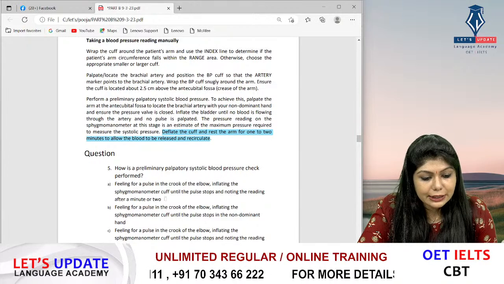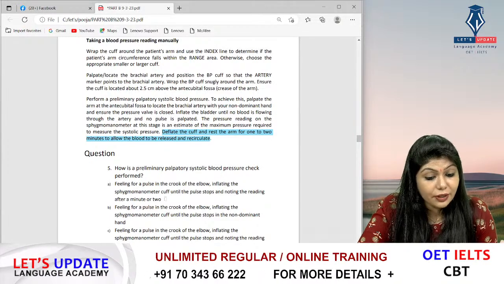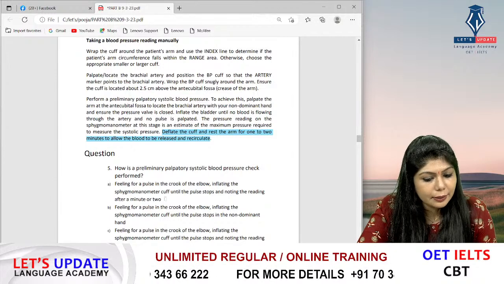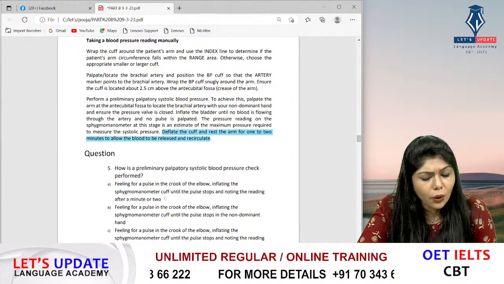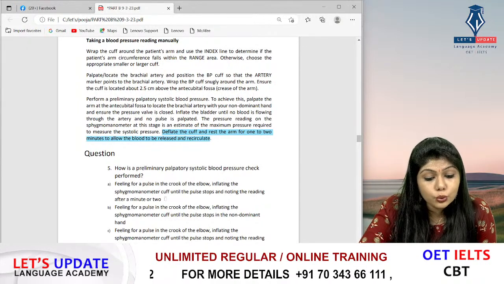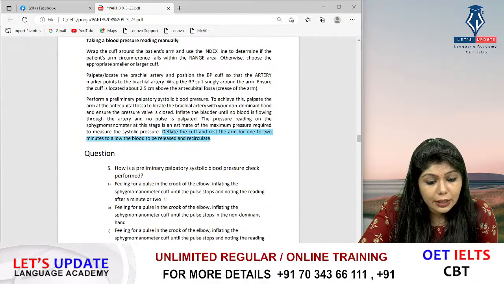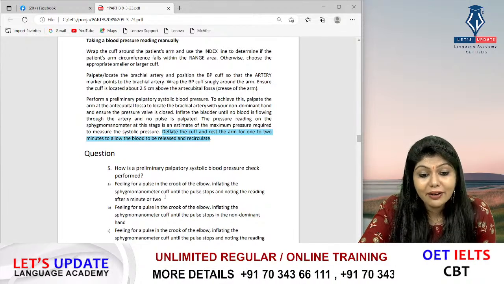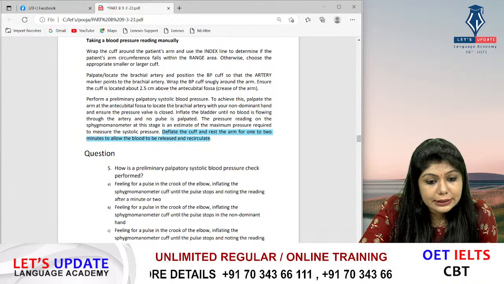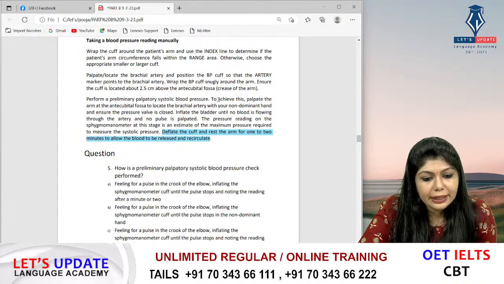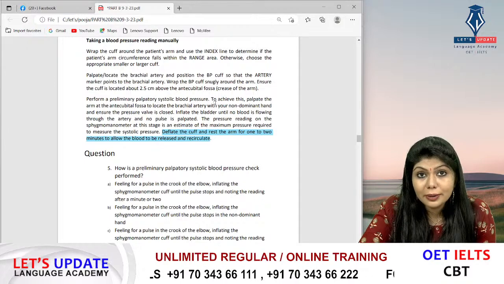Evaluating option B, feeling for a pulse in the crook of the elbow, inflating the cuff until the pulse stops in the non-dominant hand. They have not mentioned that you have to check for the pulse in the non-dominant hand. What they have mentioned here is: to achieve this, palpate the arm to locate the brachial artery with your non-dominant hand.